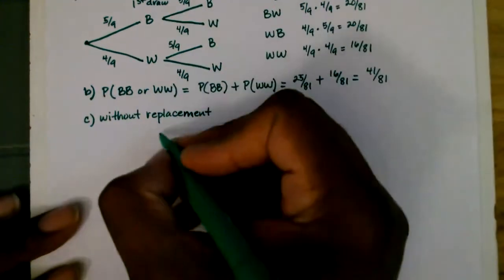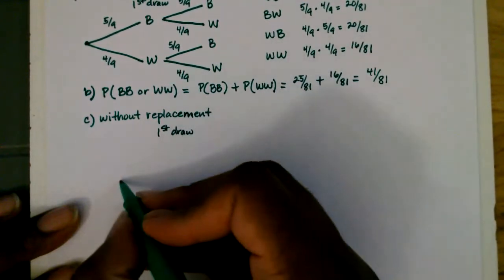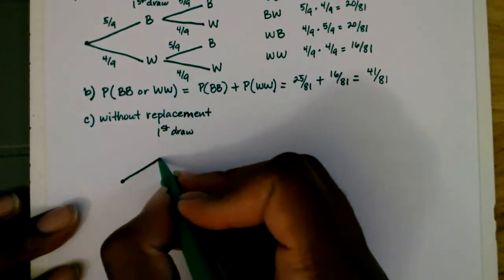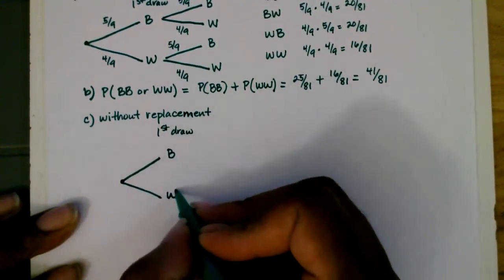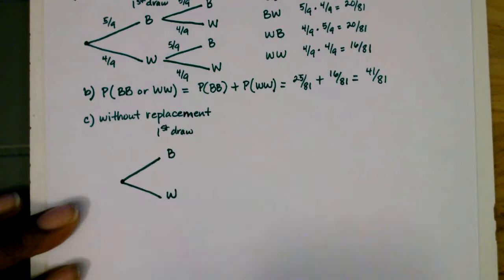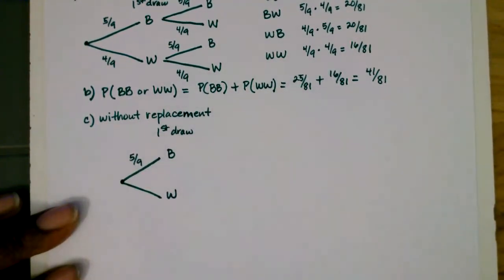Okay. So on the first draw, we can select either a black or a white. There are 5 black balls, so the probability of selecting a black ball on the first draw will be 5/9.